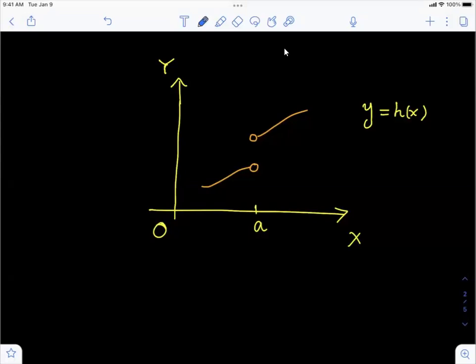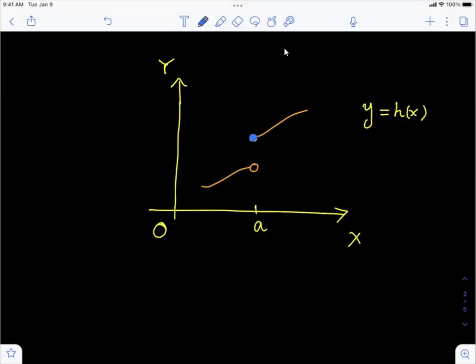Now, think about this. In this scenario, the function could be defined just by locating one of the points. Let's say if I put a dot here instead of having a hole, the difference between a dot and a hole is just whether it's colored, whether it is shaded or not. If you look at the scenario where you have it shaded, the function could be defined.